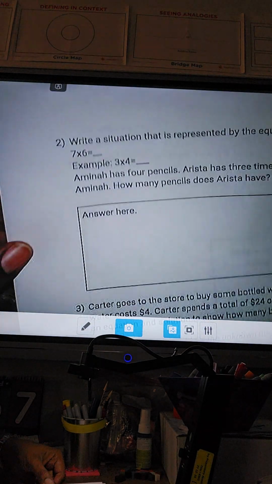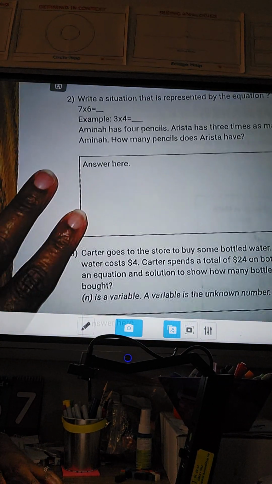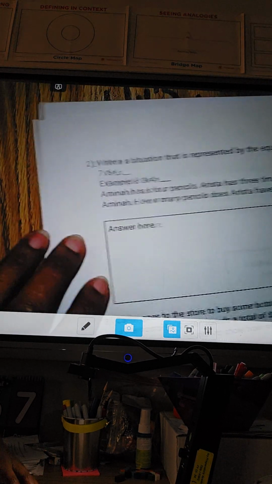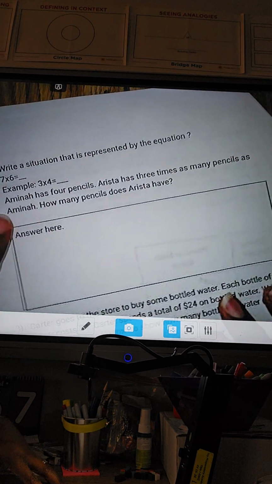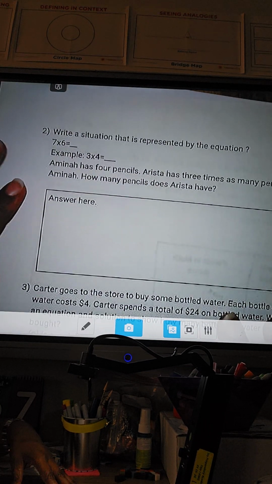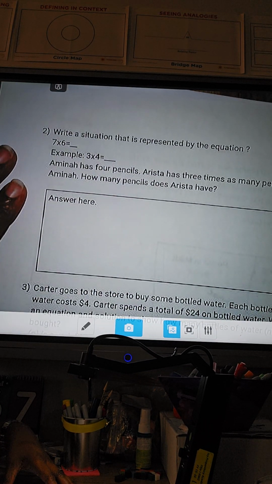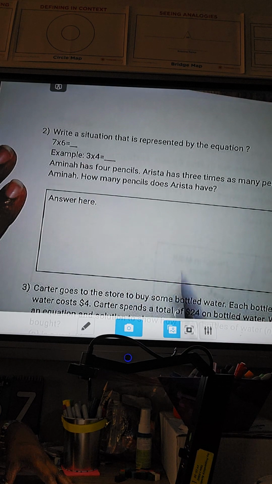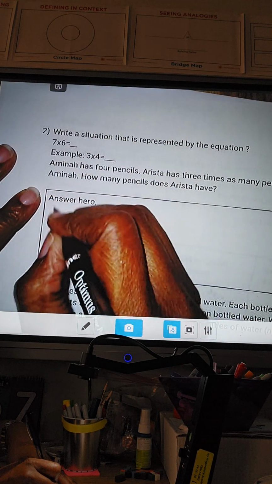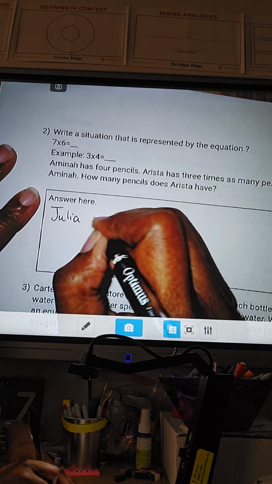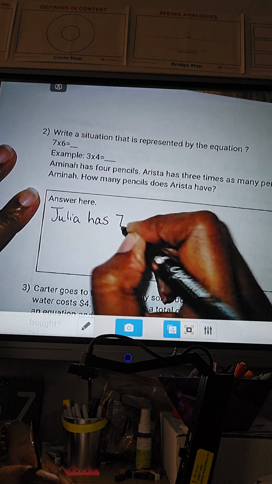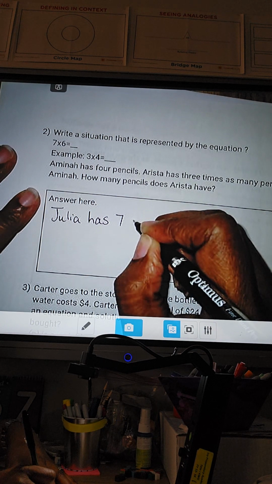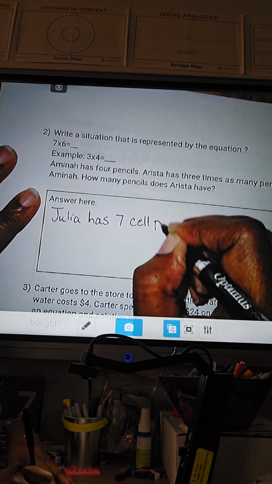All right, number 2, write a situation that is represented by the equation 7 times 6. Just like our example that we went over today, we could say Julia has 7 cell phones.